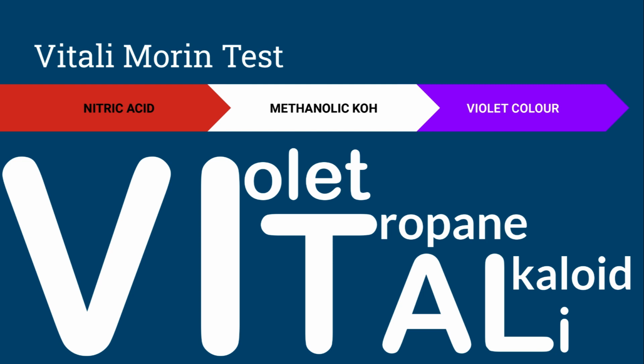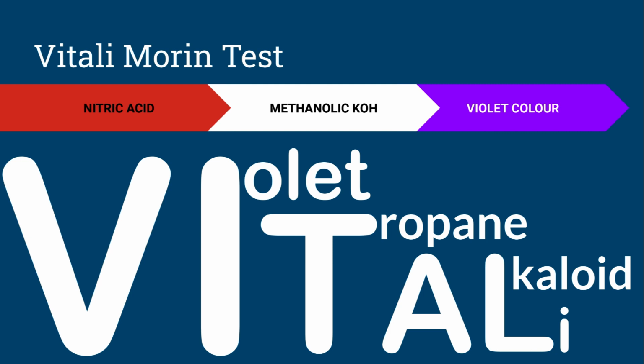Now, you have to remember the reagents used for the Vitali Morin test. For remembering that, you can take the word Morin. Morin starts with M. M for methanolic KOH. Morin ends with N. N is for nitric acid.